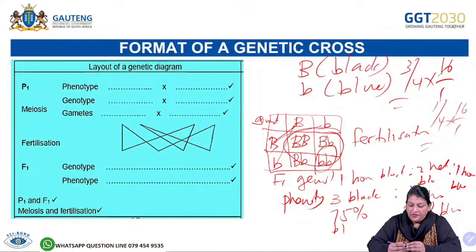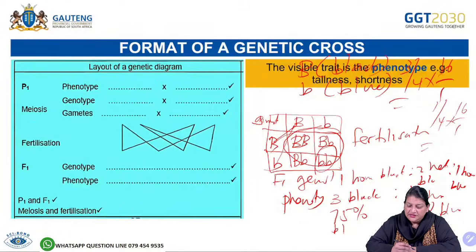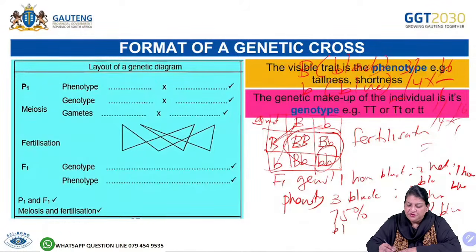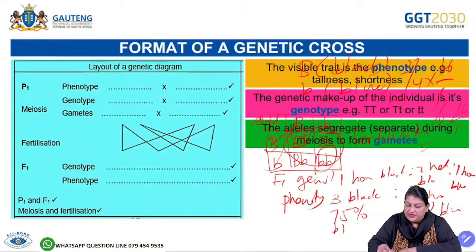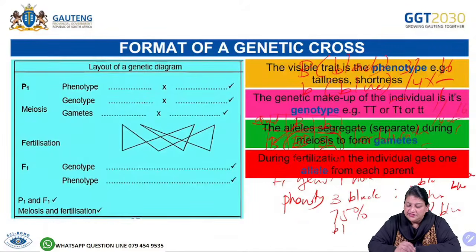Okay, so the visible trait is the phenotype. The genetic makeup is your alphabets here, and your alleles separate during meiosis to form your gametes. We'll see that very nicely, that during fertilization each zygote gets 1 allele from a parent.